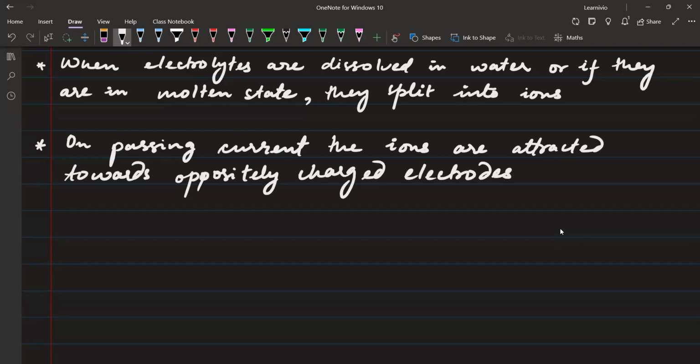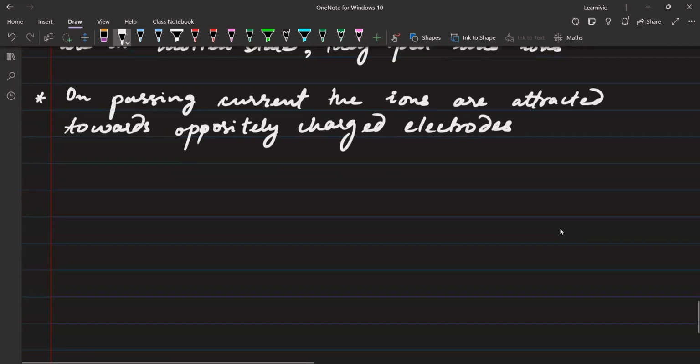Meaning the cations will move towards a negatively charged electrode, and anions will move towards the positively charged electrode. Okay. Right, next point.